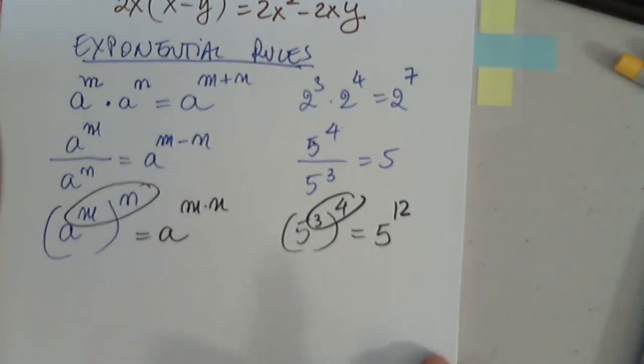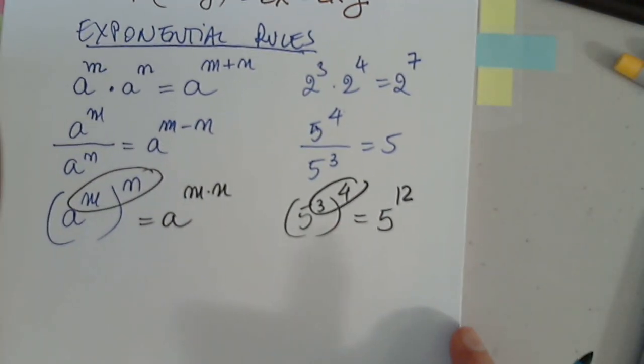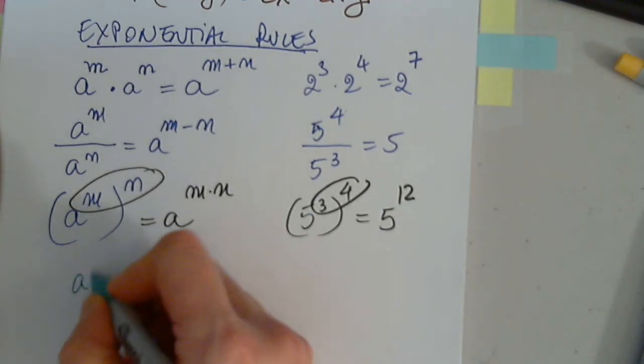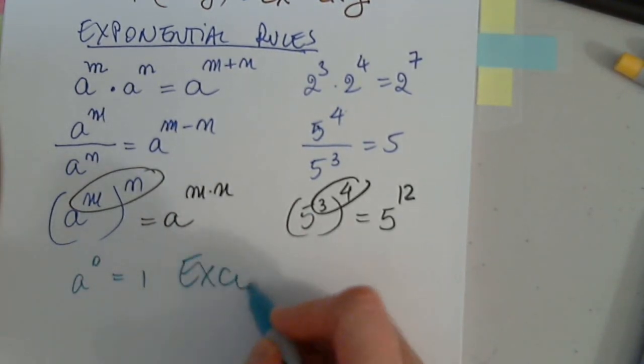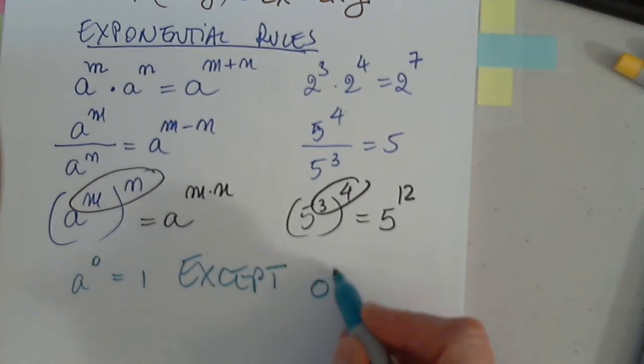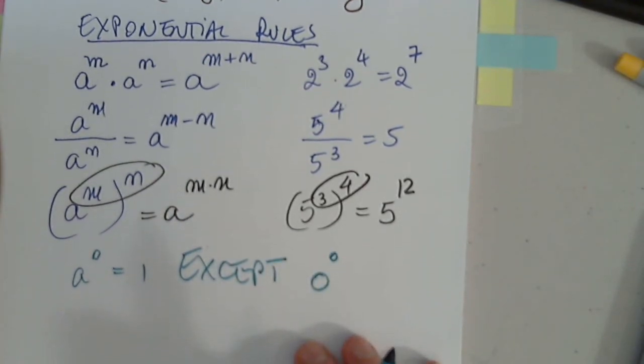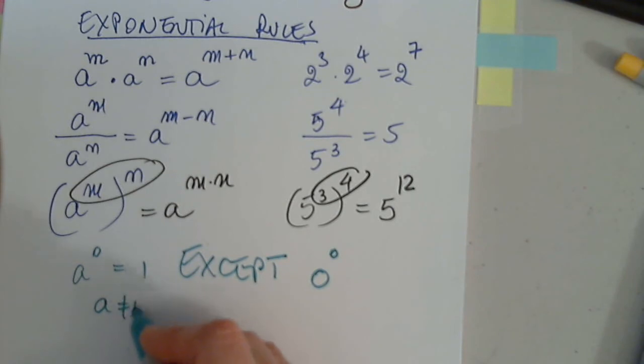These are the basic ones. Some other exponential rules. Let's say a raised to 0 is always 1, except 0 raised to 0. So here, mandatory, the base a cannot be 0.